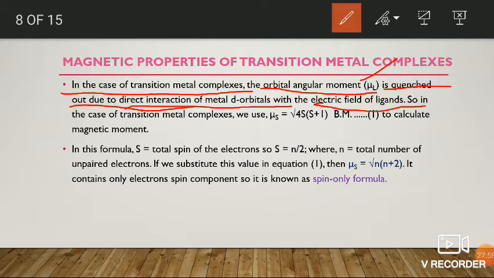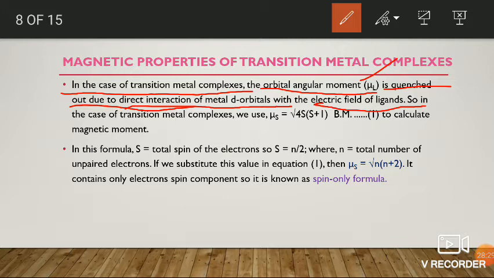But in the case of lanthanides and actinides, that is, inner transition metal complexes, we have to take into consideration the value of orbital angular momentum also. Because the f orbitals are located far inside the atom, there is no direct interaction between the electric field of the ligands and the f orbitals.